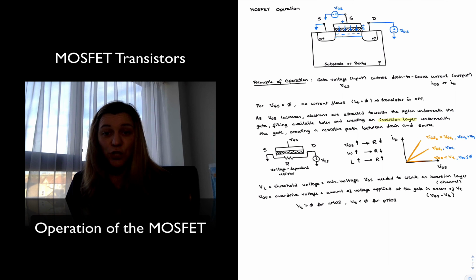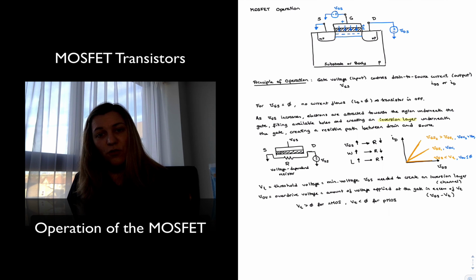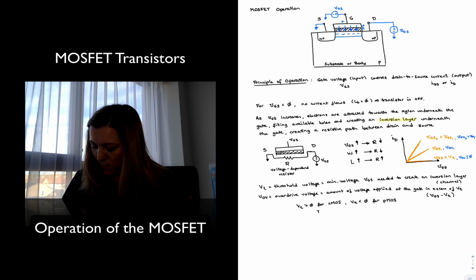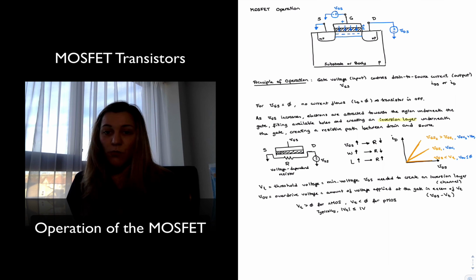For PMOS transistors, you need to apply a negative voltage because what you're trying to do is not attract the electrons towards the region underneath the gate, but rather the opposite, repel the electrons from that region, so you end up with a net p-type region underneath your gate. Typical values for the threshold voltage are going to be lower than 1 volt. Typically, VT is less than or equal to 1 volt.